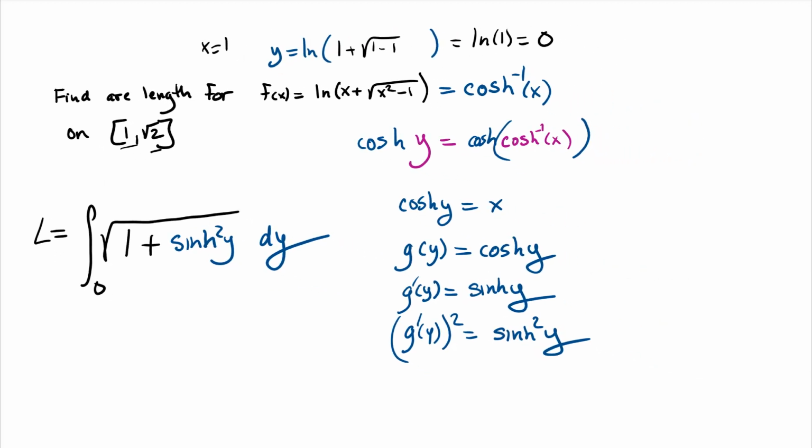And now when x is equal to the square root of 2, sorry, kind of know where this is going to go. We now have the natural log of the square root of 2 plus the square root of 2 squared minus 1. The square root of 2 squared is equal to 2, and 2 minus 1, oh, this is the natural log of the square root of 2 plus 1.